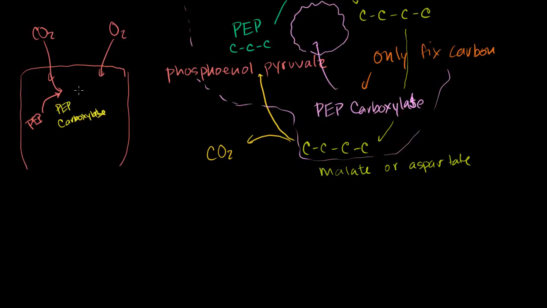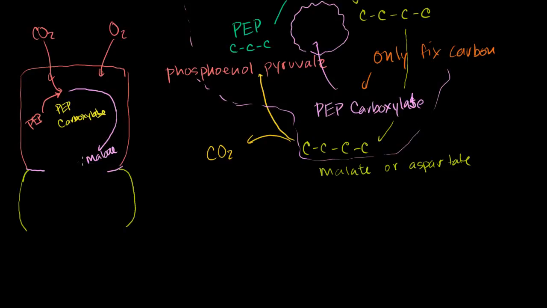And then this gets converted, oxaloacetic acid, and then to malate. But once it gets converted to malate, the malate gets transferred deeper into the actual cell via these plasmodesmata. So this might be butting right up against a bundle sheath cell that's deeper in the cell.